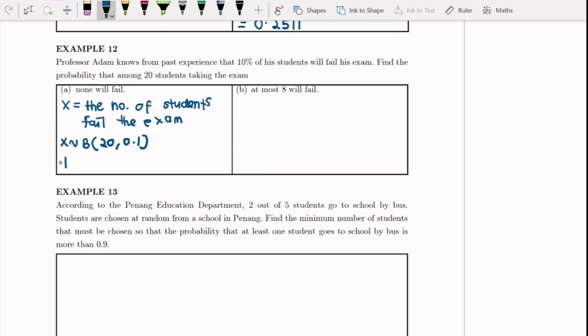That means probability x equals 0. So we can use the formula 20C0 times 0.1 to the power of 0 times 0.9 to the power of 20. So the final answer is 0.1216.